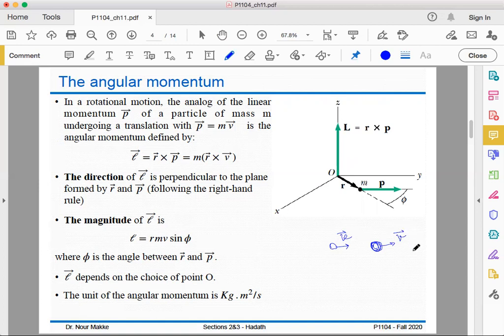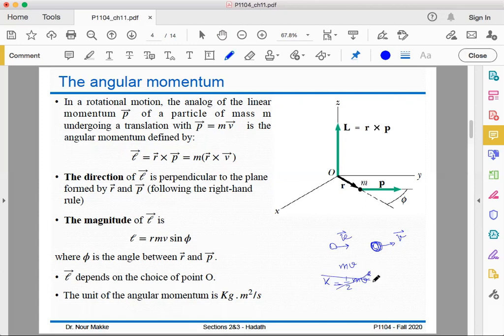Now we said that to be able to differentiate between them, we need a quantity. This quantity should include the mass, because the mass is what differentiates between them, and it should also include the speed, m and v. Then we said that we have the kinetic energy, which is half mv squared.